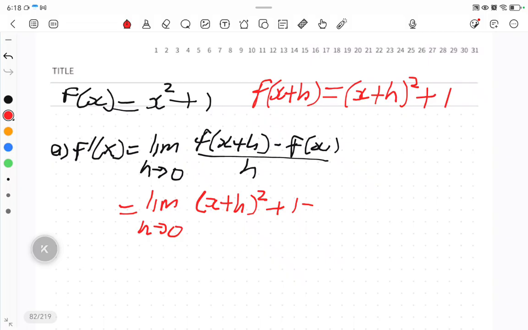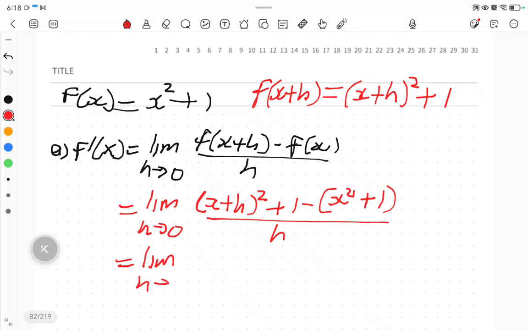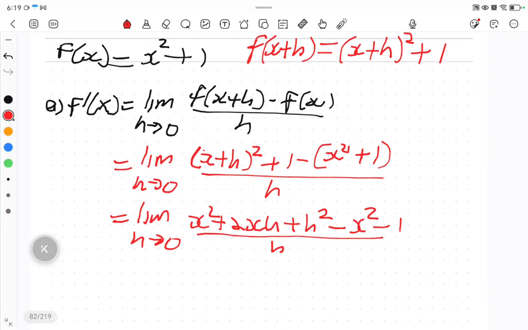I'm just going to direct substitute, and our f of x is what? I'm going to put it inside the bracket since this has two terms. So minus x squared plus 1, all over h. And this would be the limit as h approaches 0 of x squared plus 2xh plus h squared minus x squared minus 1 all over h.